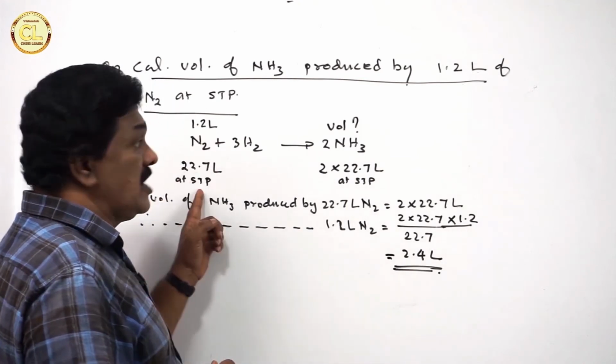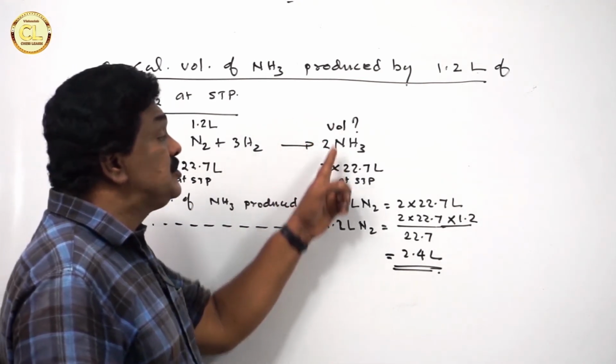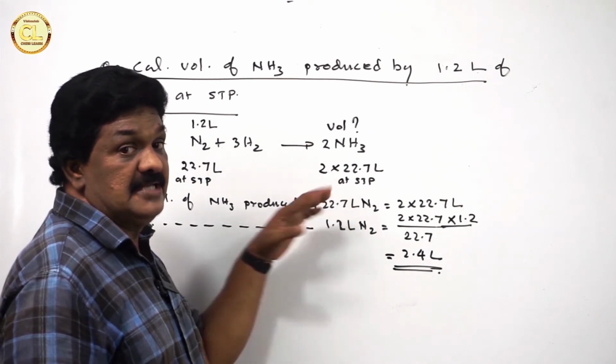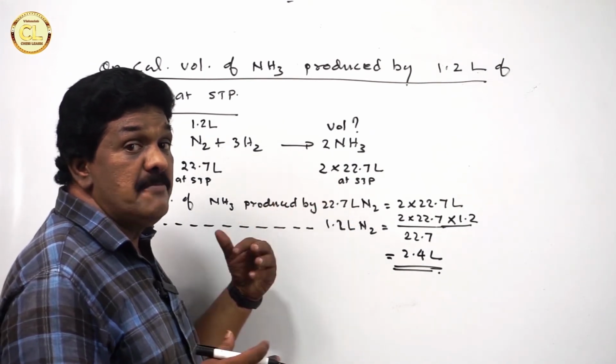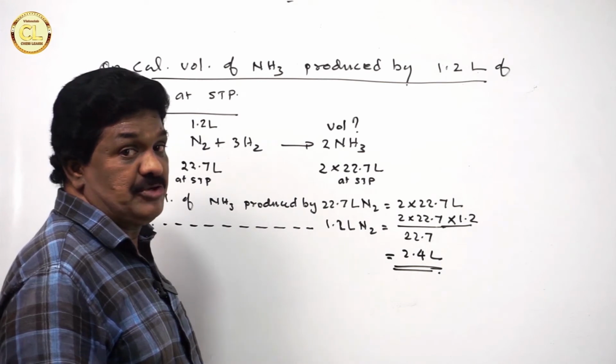Here, one volume is given and we are asked to find the volume of the other. That is why we say volume relationship in stoichiometry. Let us learn limiting reagent or limiting reactant. It's a very important term in stoichiometry.